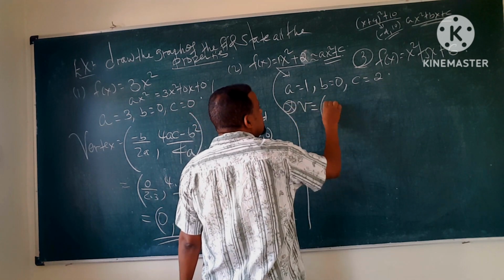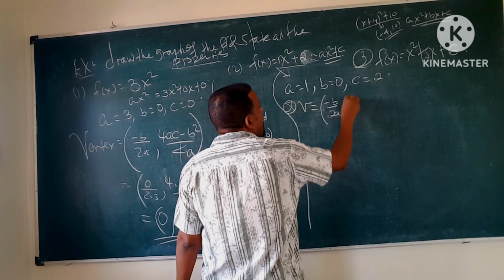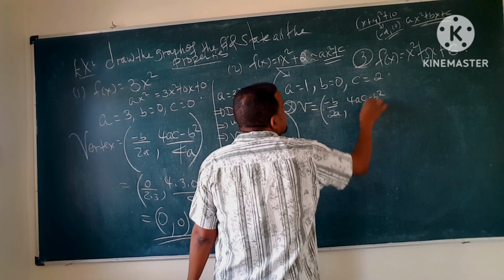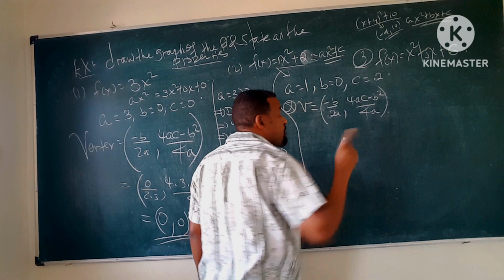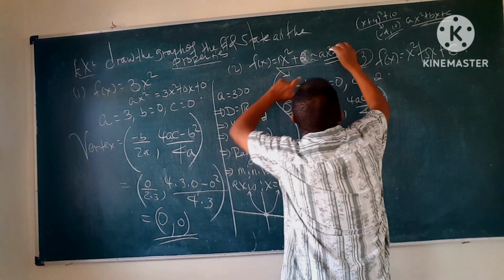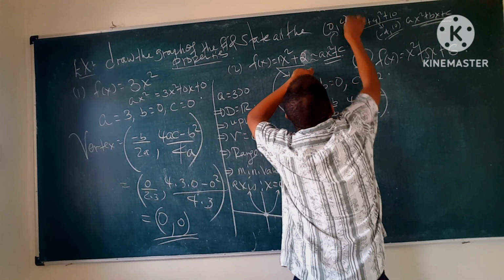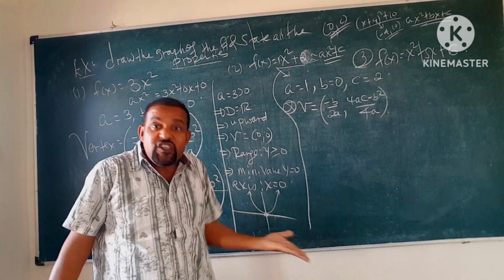The vertex is negative b over 2a comma 4ac minus b squared over 4a. Notice, what must we find? Normally the vertex is (0, c), isn't it? So we have to find (0, 2).